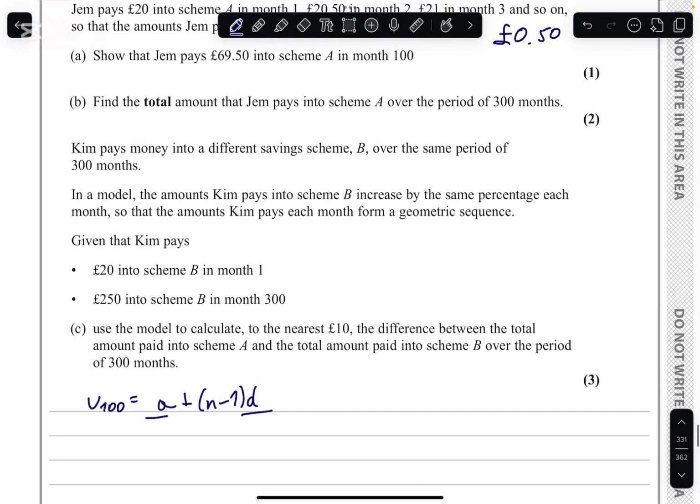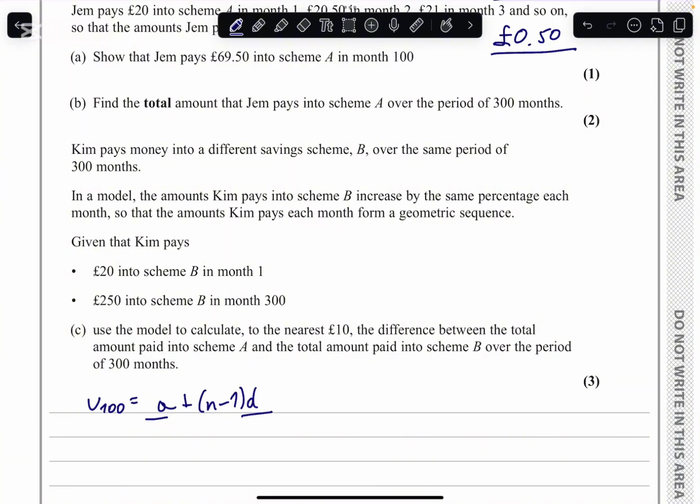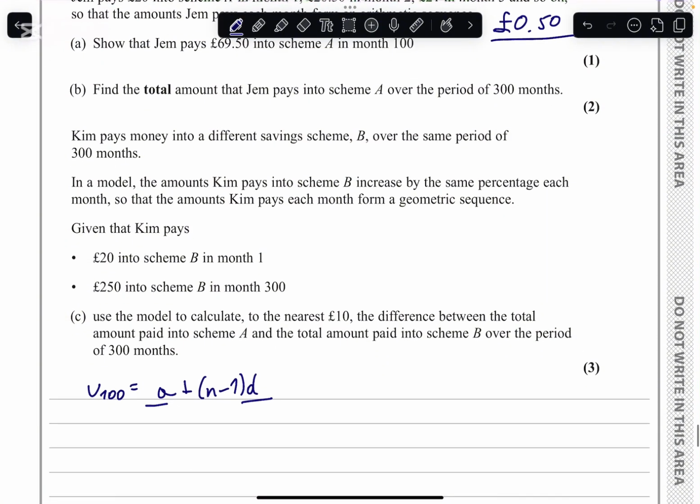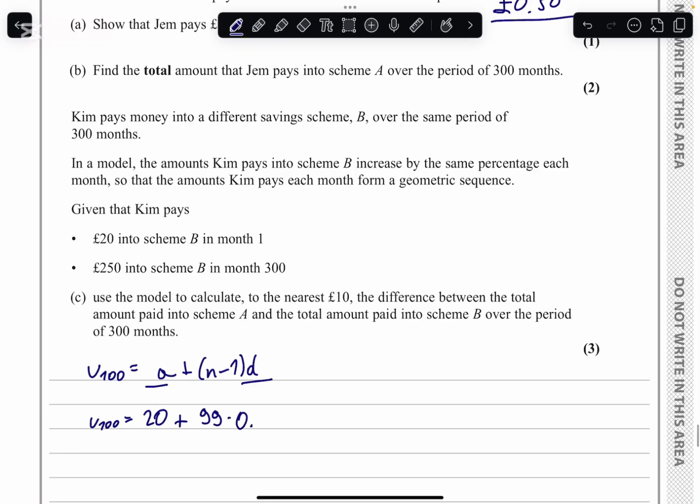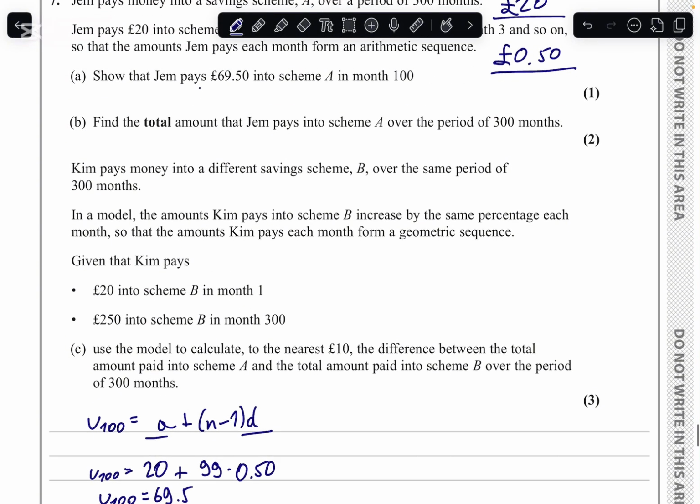D is the difference, 0.50 pounds. And N is the number of terms. So U100 will be 20 pounds plus N minus 1, 100 minus 1, which is 99, times D, which is 0.5. And then when we calculate that, we find that that gives us a value of 69.5, as they wanted us to show.